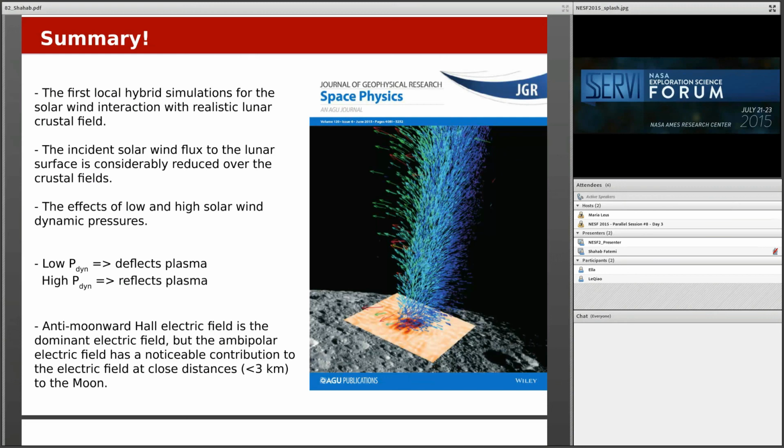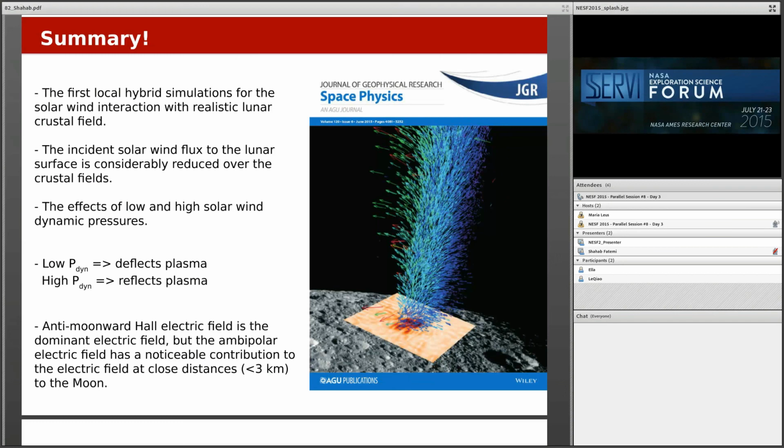Here, the figure, which is from our latest article and is now the cover page of the current issue of JGR Space, shows a fountain of reflected protons from the Gerasimovich magnetic anomaly. We explained the effects of low and high solar wind dynamic pressures on the interaction. We discussed that during the low dynamic pressure, the plasma gets mostly deflected, but during the high dynamic pressure, they are mostly reflected back to space.